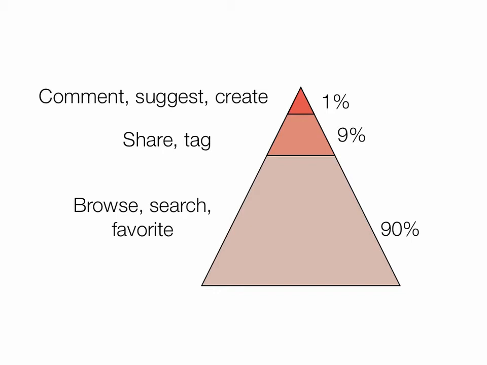Now, we're trying to build communities and we really want to push people up this pyramid. We want people to be more actively engaged with our apps. But most of the people are not explicitly telling us what they want. So how do we improve the app?